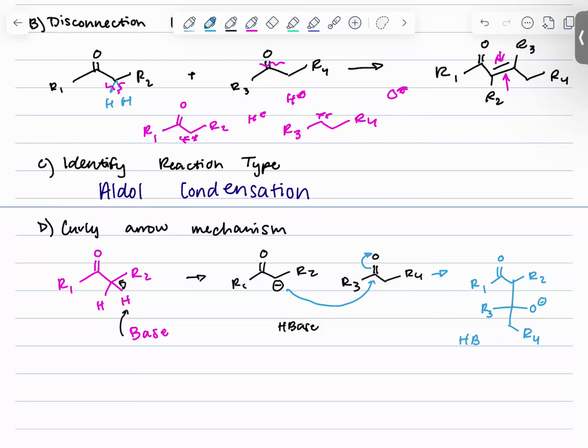So I still have this H base floating around, and when I made my tetrahedral intermediate, this is where we differ between aldol condensation and aldol addition: we are now not going to break down our tetrahedral intermediate, but rather we're gonna make a hydroxy. So it's gonna attack that proton and the electrons will go back to the base.